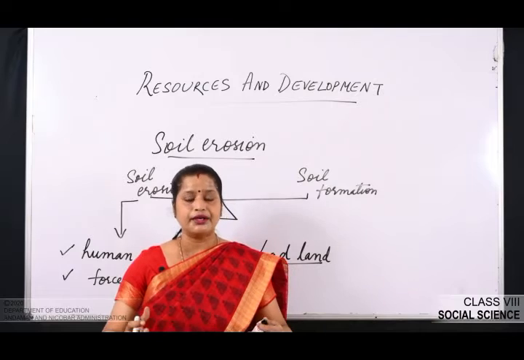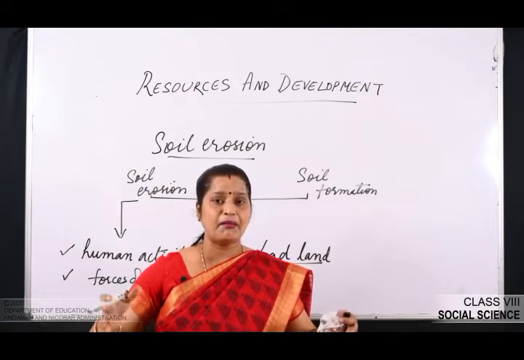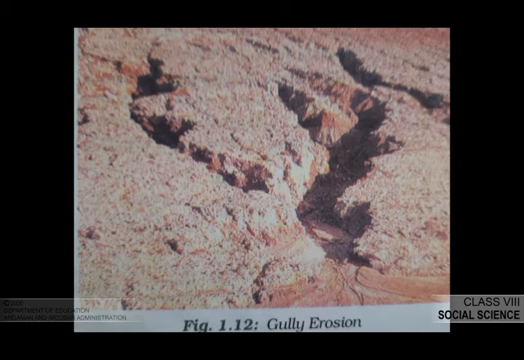When the running water cuts through the clay soil and makes a big channel, it will be easy for you to understand if you have a look on your screen, where a picture emerges. That is gully erosion. Such land is unfit for cultivation and we call it bad land.